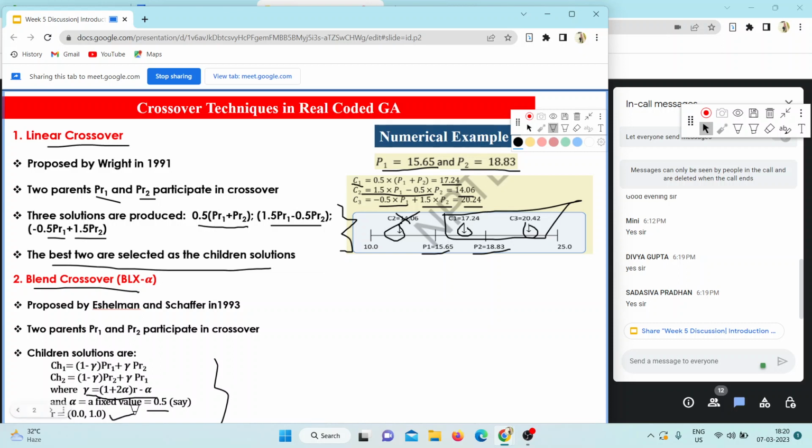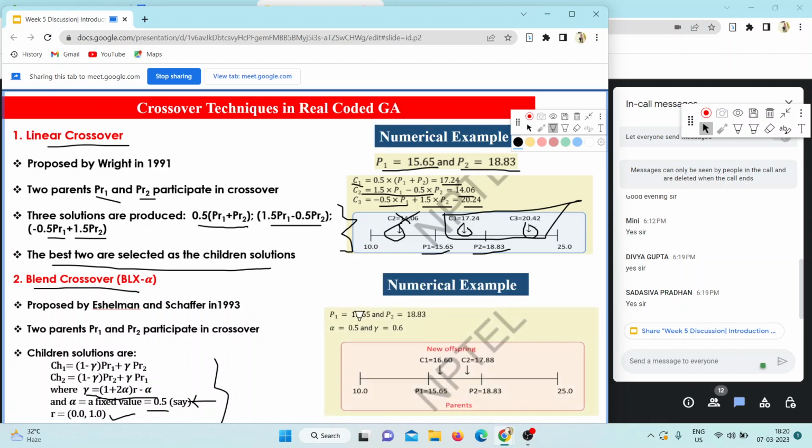R you will take between 0 and 1, and alpha is a fixed value, also between 0 and 1. Normally we take alpha as 0.5, but if some other value between 0 and 1 is given in the question, you have to take that. So let's again see the example of these two, the same parents, 15.65 and 18.83.